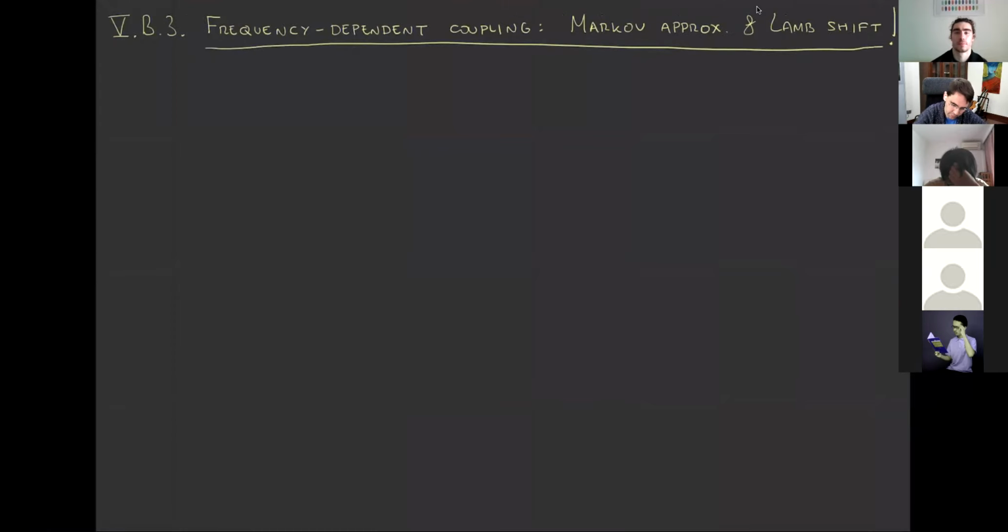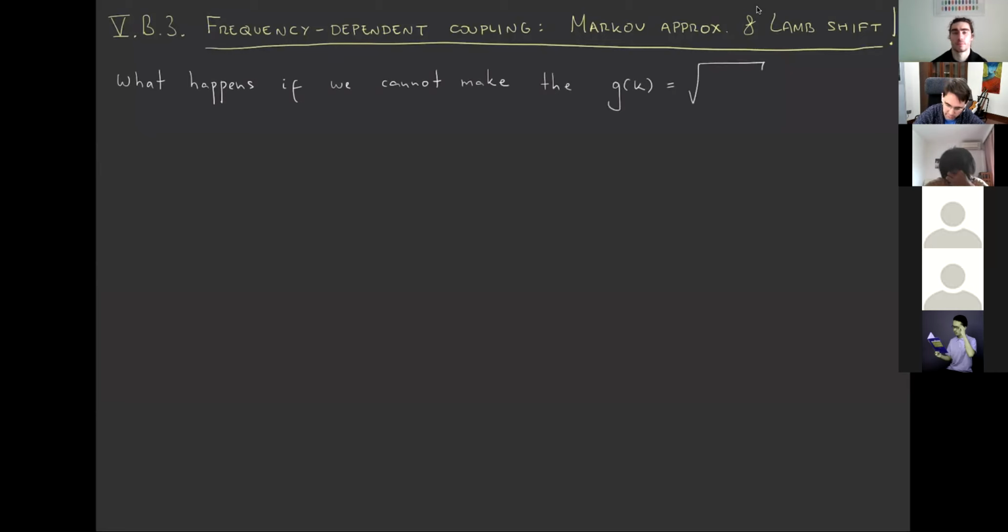So this is section 3 of section B of this chapter. And the question that we are going to answer in this final section is the following. What happens if we cannot make the flat coupling approximation?